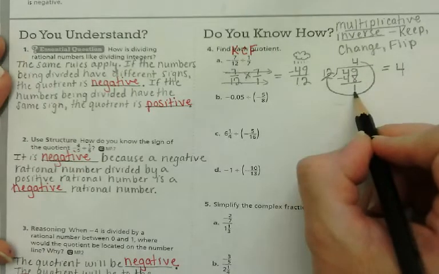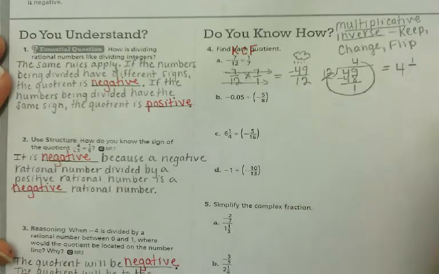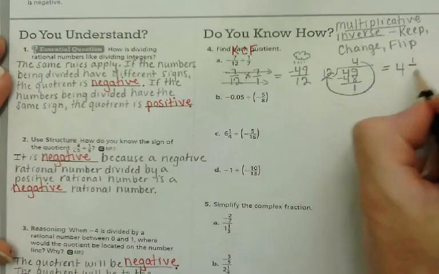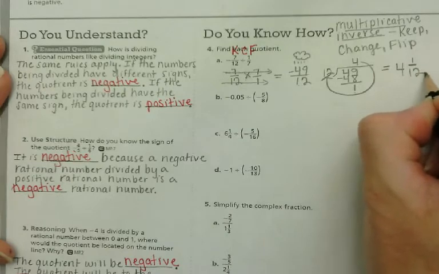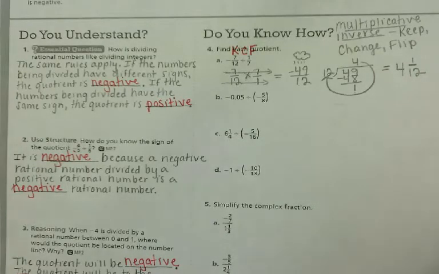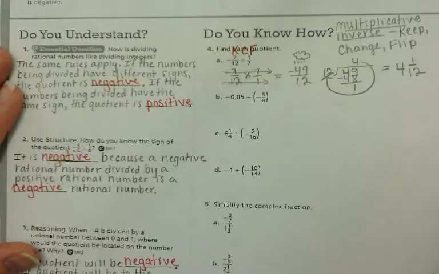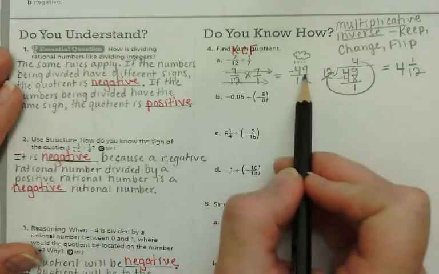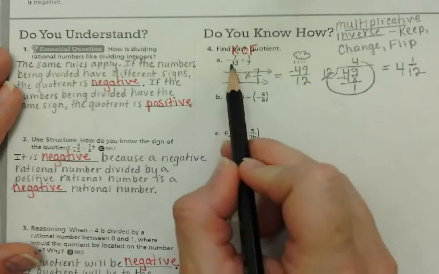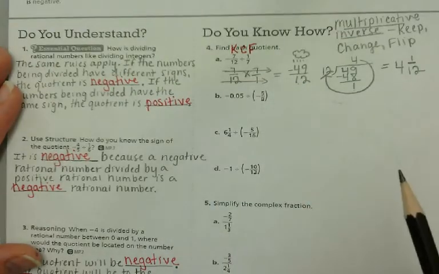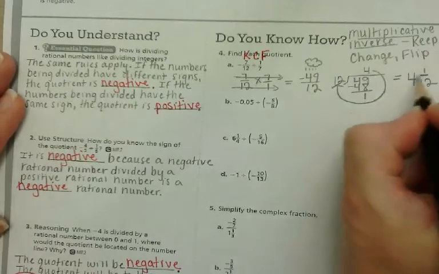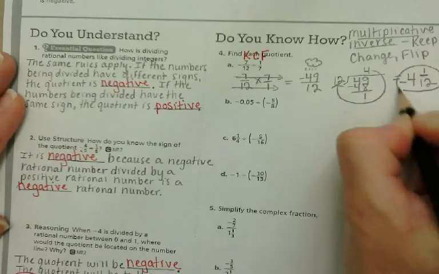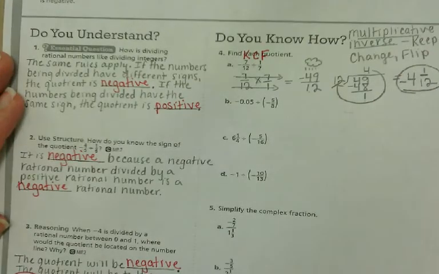It had a remainder of 1, so that's our numerator, and it was out of 12, so that would be our denominator. And before we circle our answer, we just want to make sure we have the right sign. In the original problem, we're dividing opposite signed rational numbers, so that would make this a negative quotient.